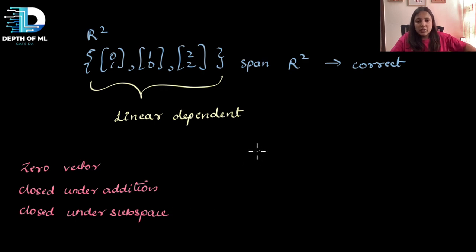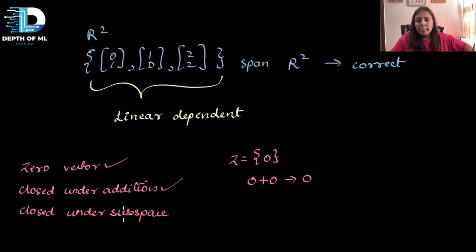Now let's take the example of the 0 vector space. The 0 vector is present by definition. If I add the 0 vector with the 0 vector, I'll get the 0 vector, which always belongs to the vector space Z. Hence this is closed under addition.